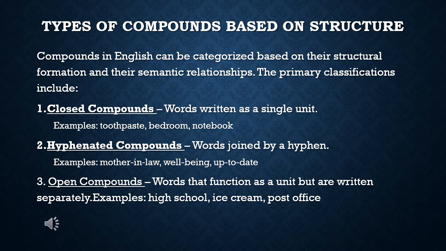That means words written as a single unit. For example, the word toothpaste, which is a compounded form of two words tooth and paste, and there is no hyphen or gap between tooth and paste. Then we have bed plus room, bedroom, note plus book, notebook.